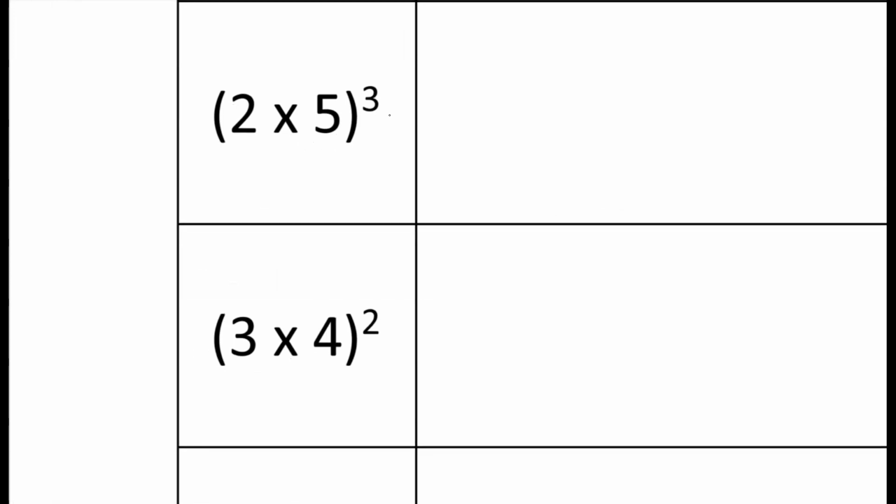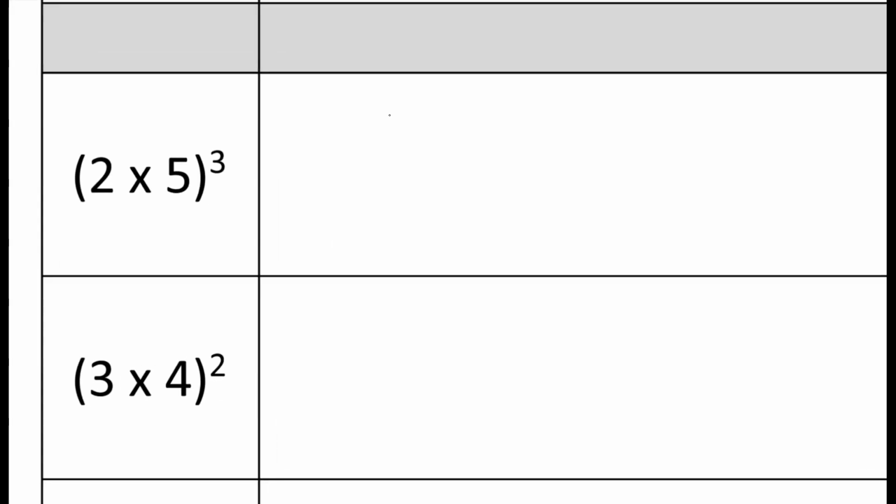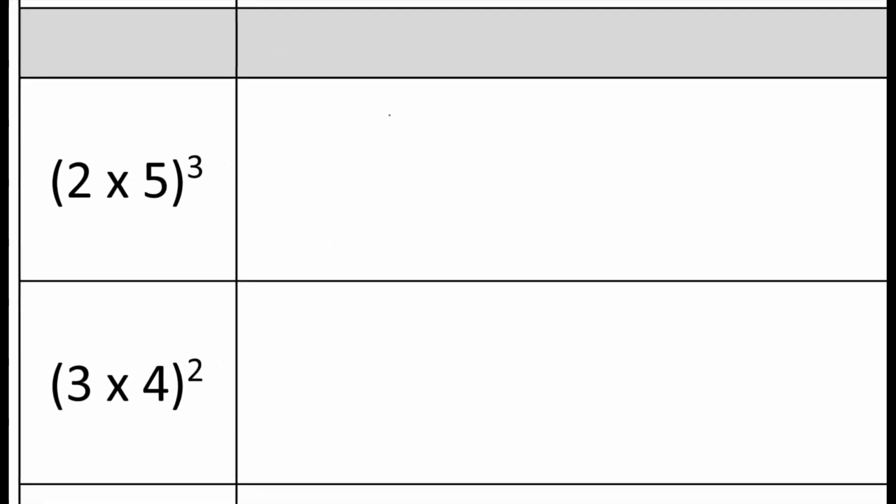This time, we have a multiplication inside the brackets and an exponent involved. So we have 2 times 5 inside the brackets to the power of 3. If we are to write this as a repeated multiplication, we're going to have 2 times 5 three times.